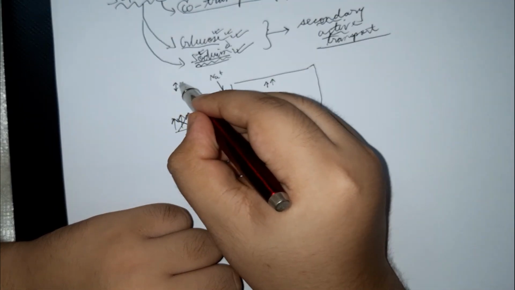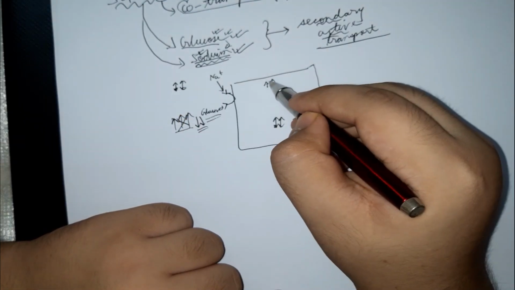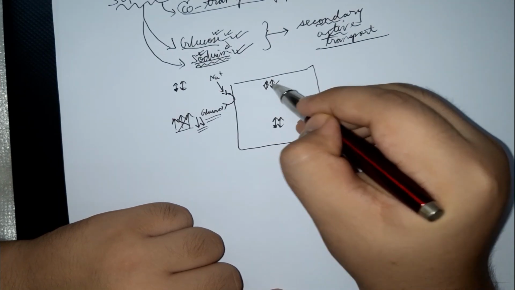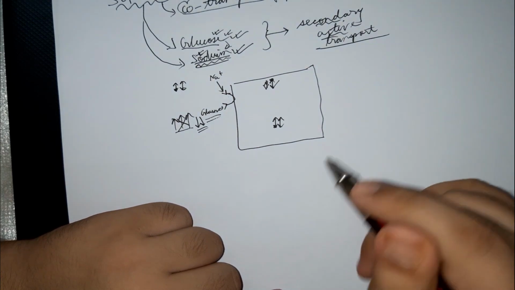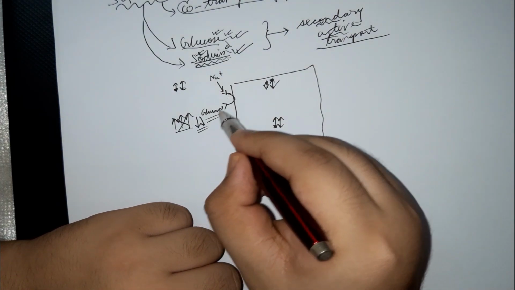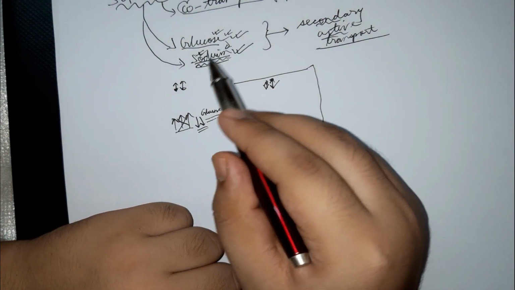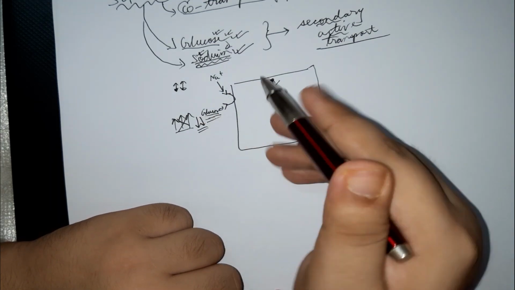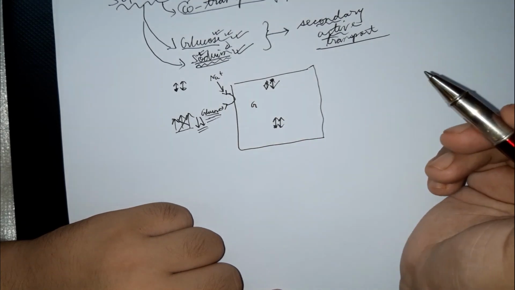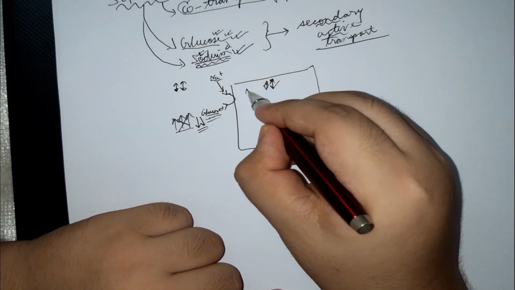Whereas sodium concentration outside is quite high, that inside is very low. Okay, so I hope you understand. So what will happen is that the cell will use the sodium glucose transporter to actively carry glucose inside the cell and passively carry sodium inside the cell.